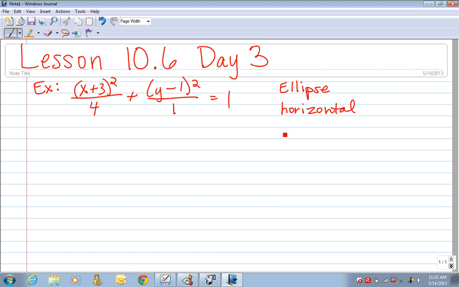And we need the center. We need what A and B are. Well, A squared is 4, so A is 2, B squared is 1, so B is the square root of that, which is also 1. The center, remember, is h, k. H is always located with the x. K is always located with the y. So we have the coordinate -3, 1 for the center.